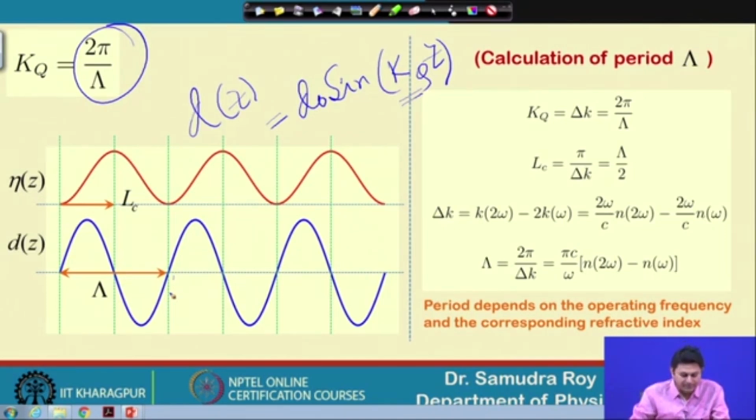On the other hand, if I compare this periodicity with the periodicity that we have in finding the efficiency in the delta k not equal to 0 case, that we have shown in the previous slide, that it will vary like this. So, there is also a periodicity, and we know that LC is a length which is called the coherence length, at which we have maxima here.